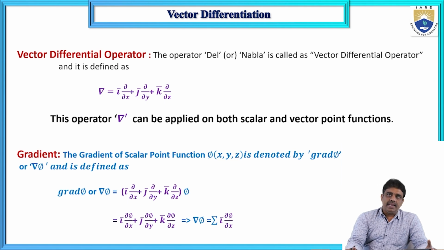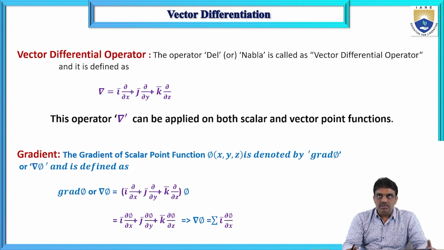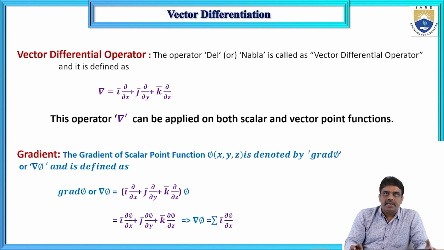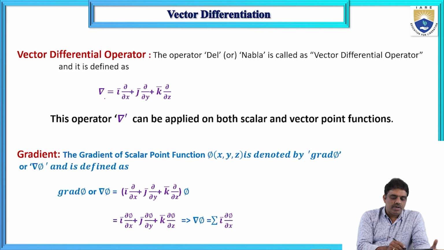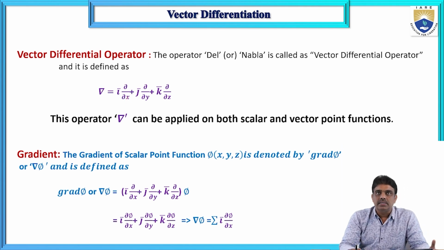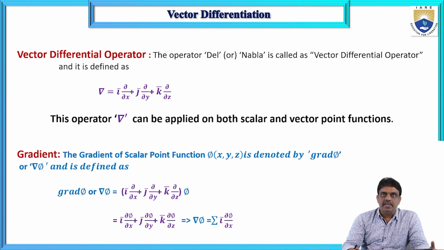The operator del or nabla is called the vector differential operator, and it is defined as del is equal to i bar dou by dou x plus j bar dou by dou y plus k bar dou by dou z.